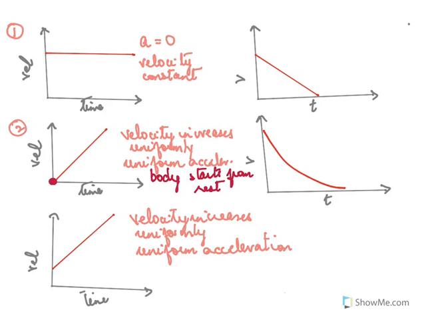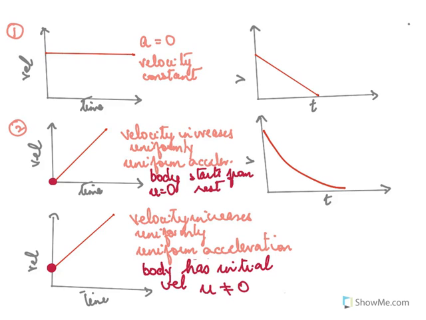Look in the next case. The body does not start from rest. Body has an initial velocity. So I wouldn't say starts, a body has initial velocity. The u is not equal to 0. In this case, u is equal to 0.